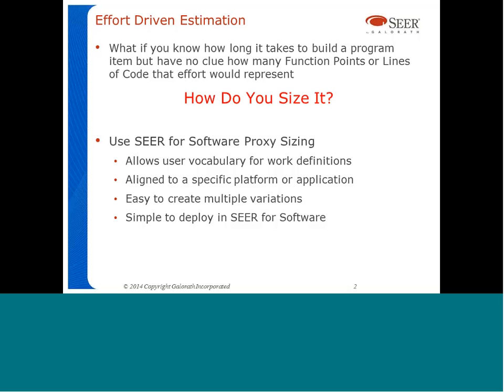You can basically do any combination of proxy elements to size your project. And they're very easy to deploy in SEER for software. And actually, the objective of this webinar is to show you how easy that is. We're going to be demonstrating how to create a proxy. And we're going to be also testing and validating that proxy.